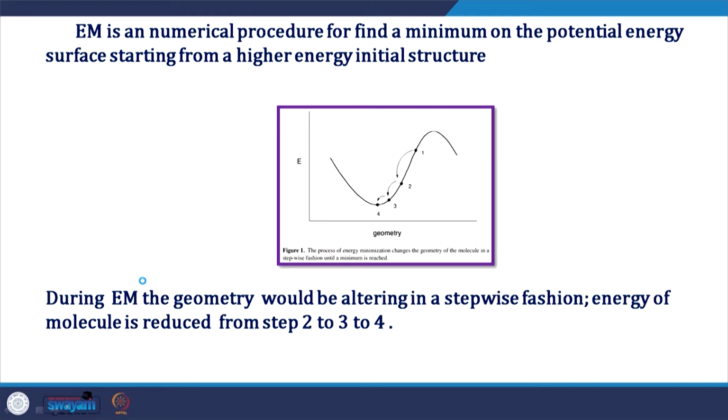So you see here the first one is at high energy and you are going down in energy with the alteration in the geometry. The energy of the molecule will be reduced from 1 to 2 to 3 to 4 in that fashion.